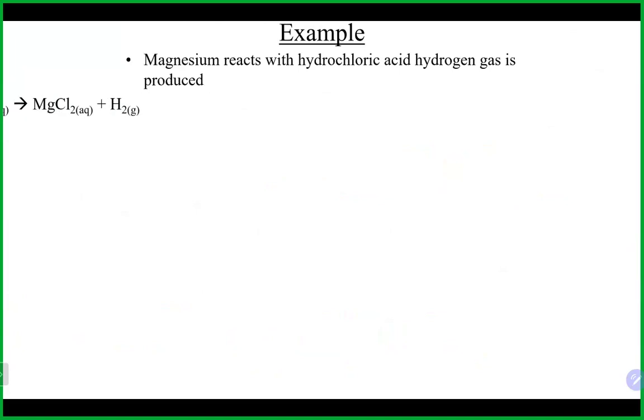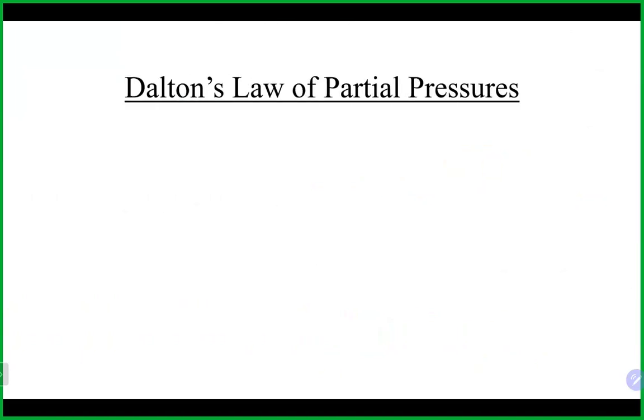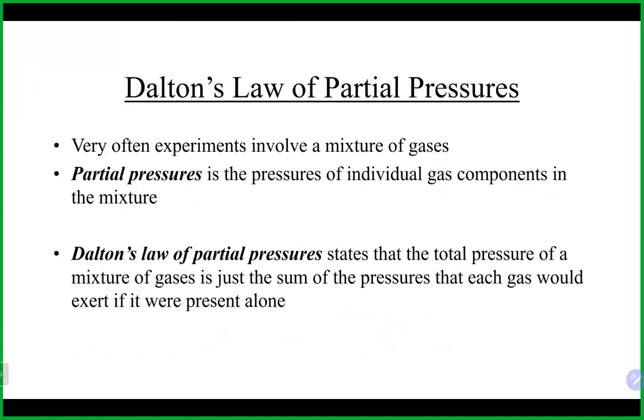The next thing we're going to talk about in this chapter is Dalton's law of partial pressure. Dalton's law of partial pressure sounds quite complicated, but it really is not too hard of a concept. The idea here is pretty straightforward.